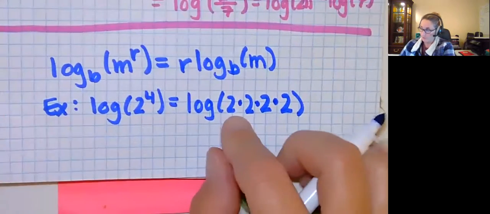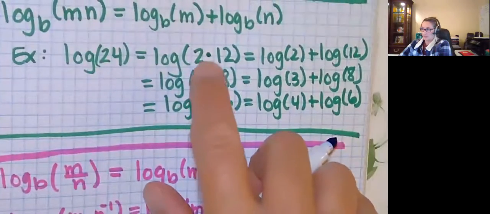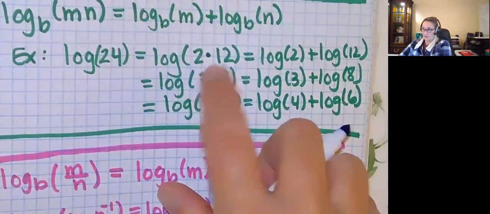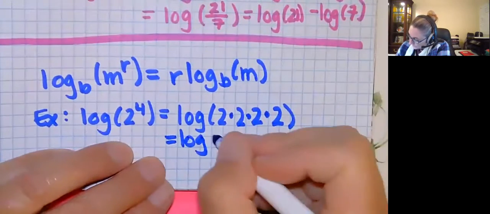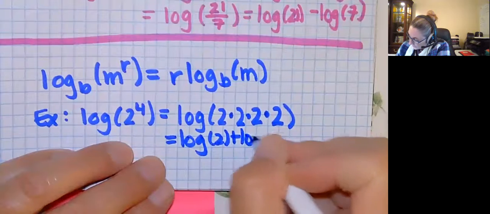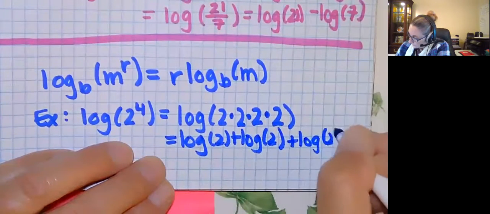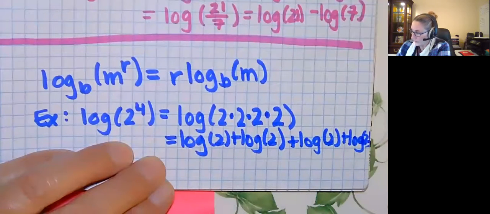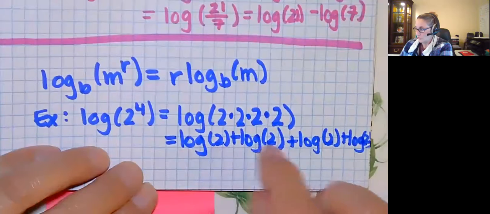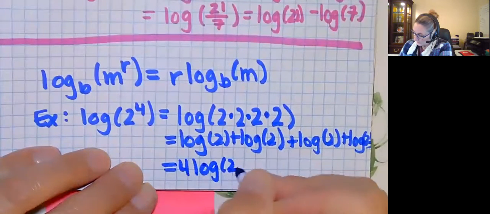So if I'm thinking about my product, where I can separate this and write each of the factors as a separate log with a plus, what happens here is this is going to become log of 2 plus log of 2 plus log of 2 plus log of 2. Okay. And so I've got 1, 2, 3, 4 of these. So this becomes 4 log of 2.